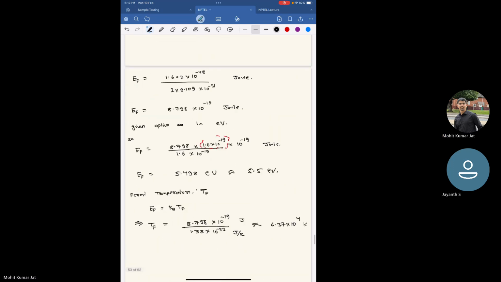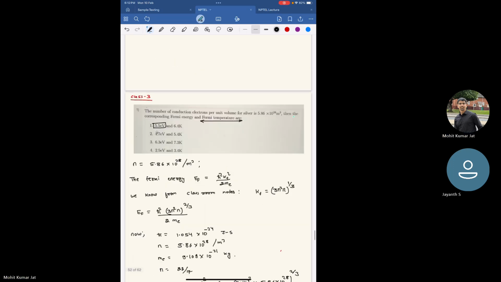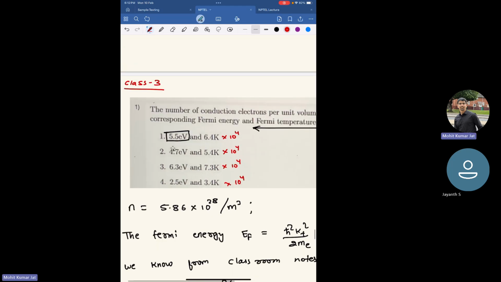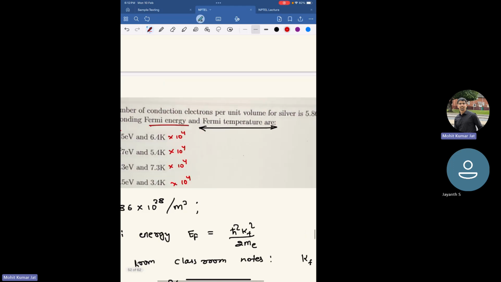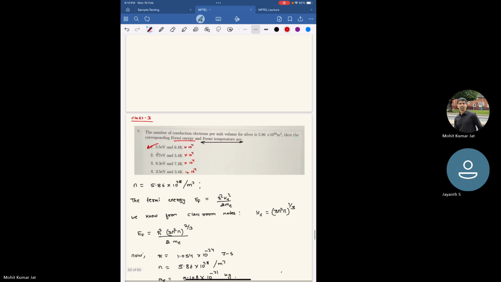The 6.37 I can roughly write as 6.4, into 10 power 4 Kelvin. In the options there are slight corrections; these are in units multiplied by 10 power 4. We all know that Fermi temperatures are very high, like 10,000 Kelvin. So the correct option is A, which has 5.5 eV as the Fermi energy and 6.4 into 10 power 4 Kelvin as the Fermi temperature.